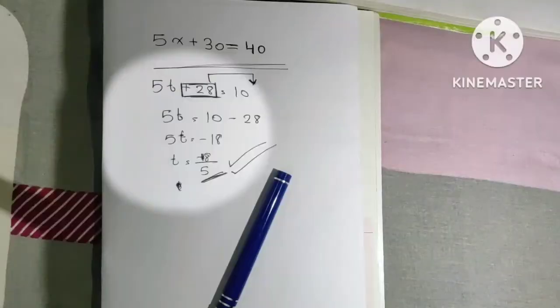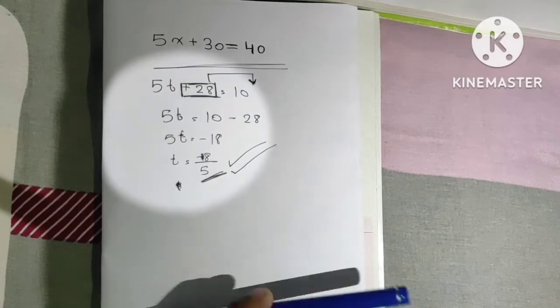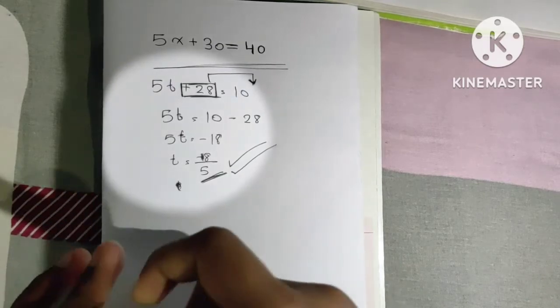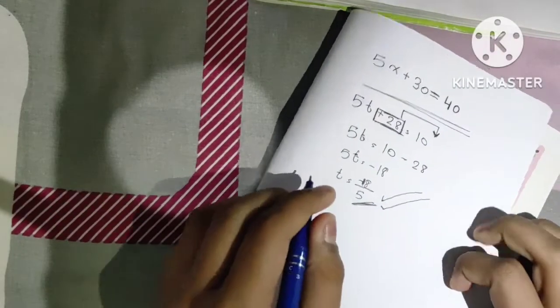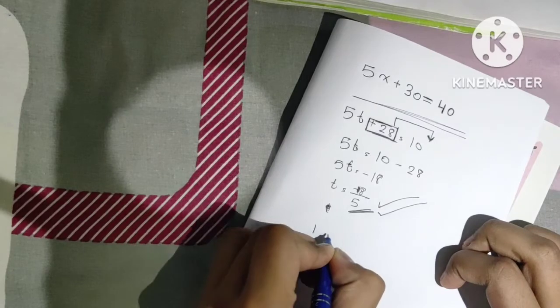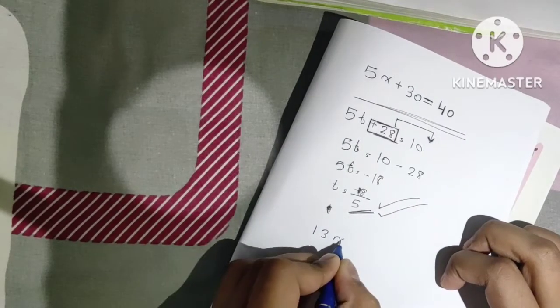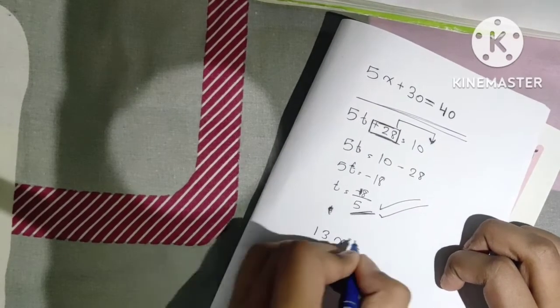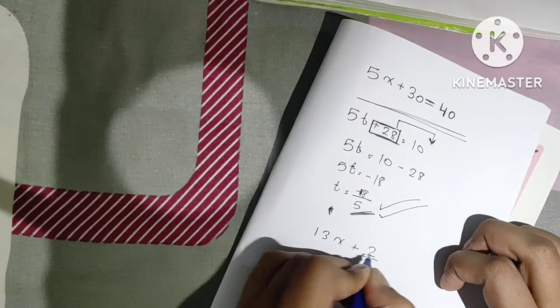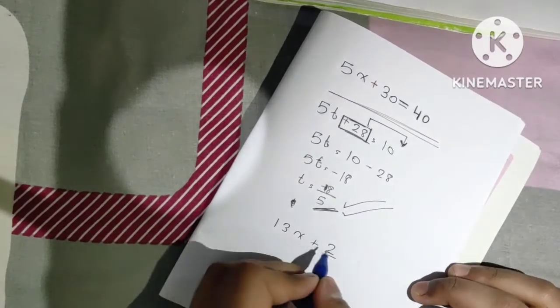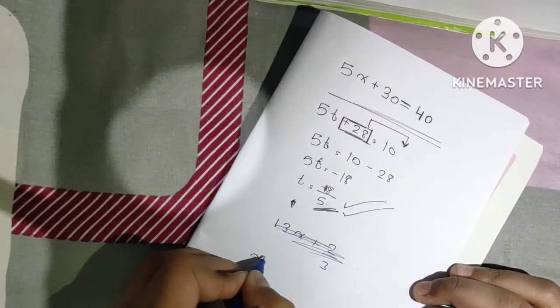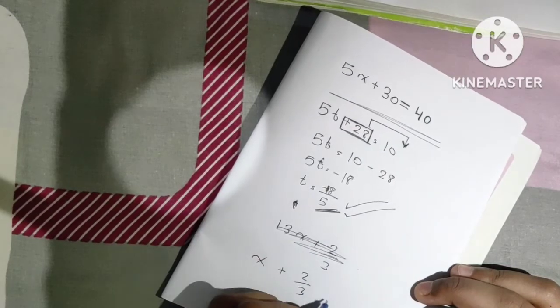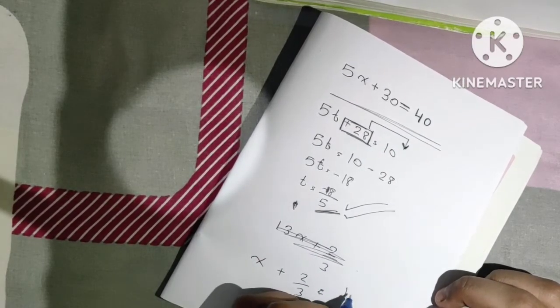Yeah. So now let me give you some difficult questions, something like this. What if there's a question like x plus 2 by 3 is equal to 15 by 3?